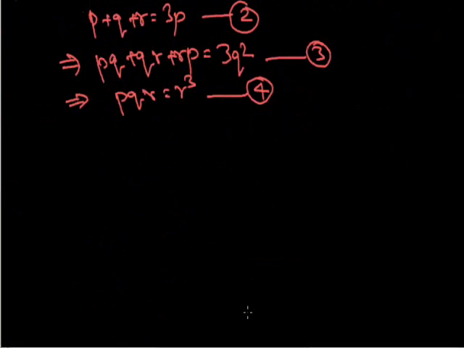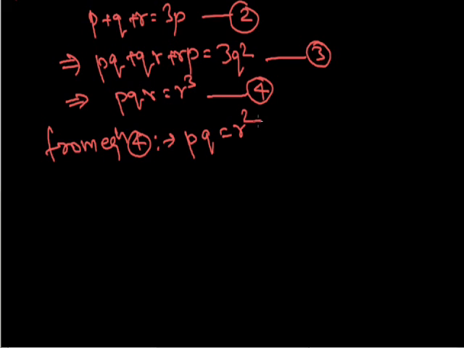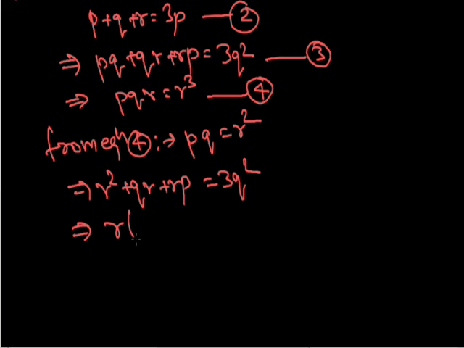Now by solving all the equations, from equation 4 we may have pq is equal to r square. By substituting the value in equation 3, we have r square plus qr plus rp is equal to 3q square. By taking r common, we have r into (p plus q plus r) is equal to 3q square.